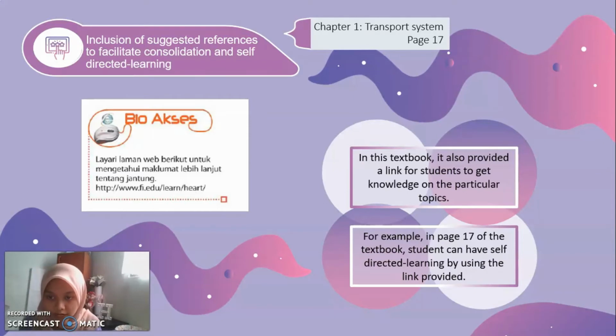The link provided is about the heart because the students learn it in the transport system. By this link, the student can have self-directed learning at home, or when they want to know more about the heart, the textbook has provided a link that is easy to access.